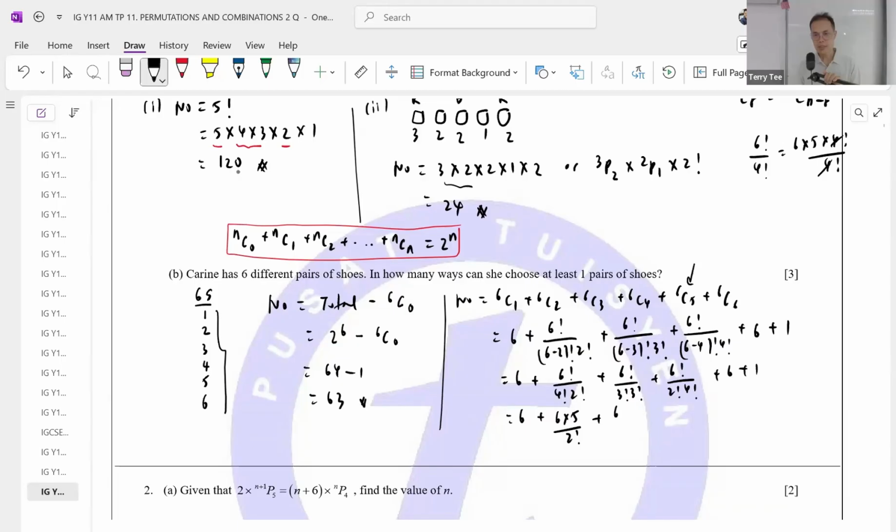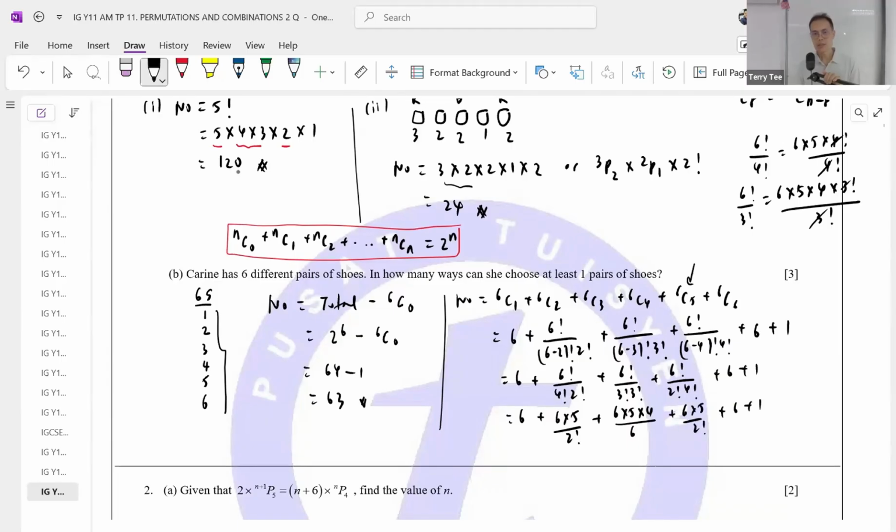This one is 6 times 5 times 4, cancel with 3 factorial. 6 factorial divided by 3 factorial is 6 times 5 times 4 times 3 factorial over 3 factorial. You cancel it. So another 3 factorial is 6. This one is going to be the same. So 6 times 5 over 2 factorial.